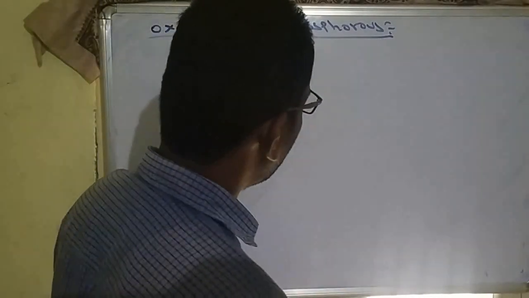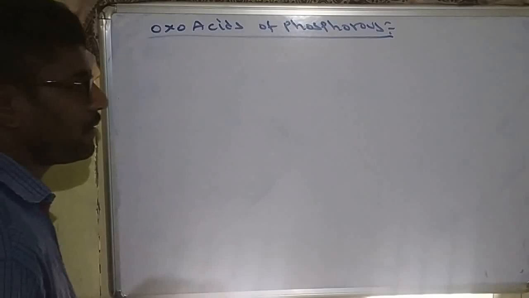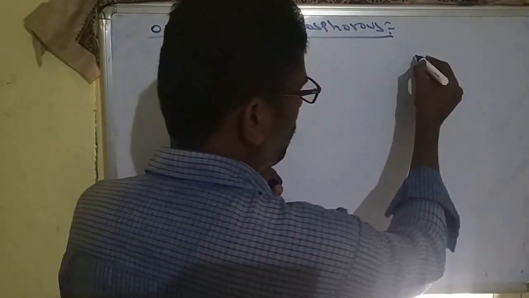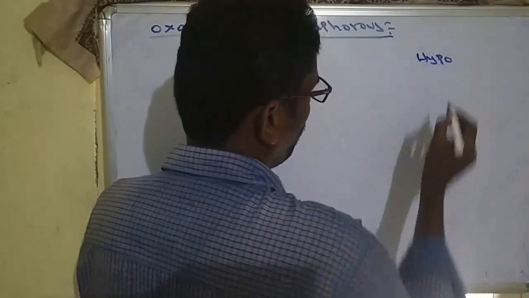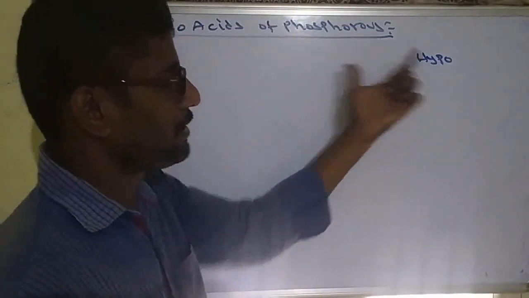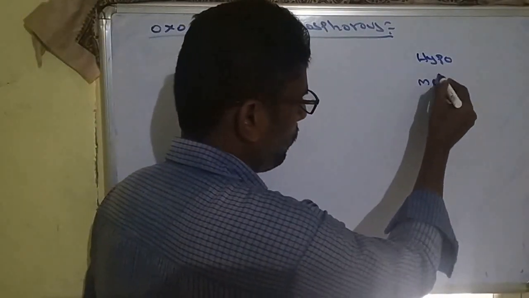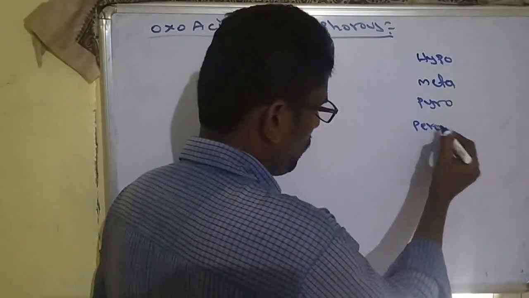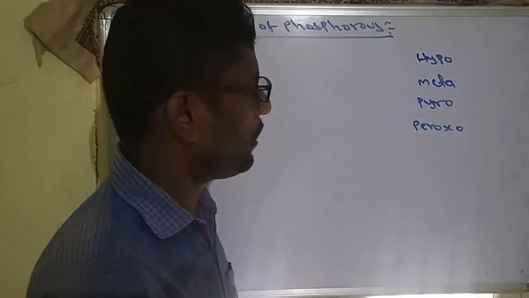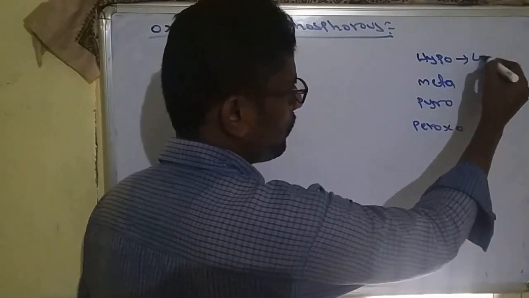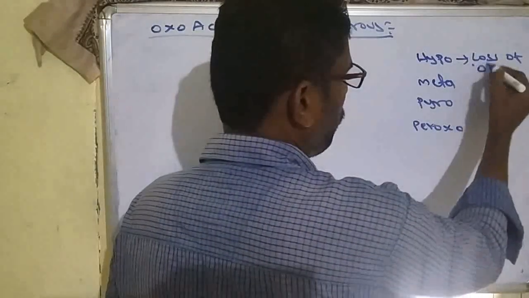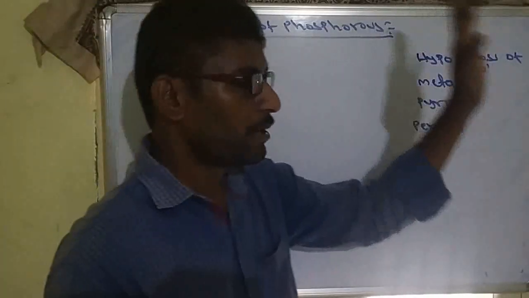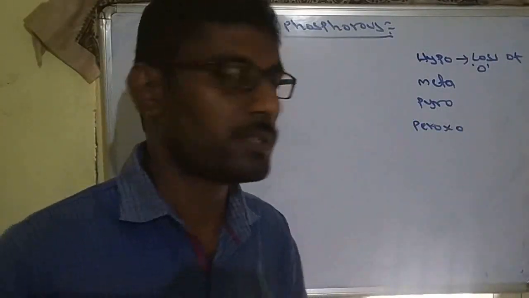Phosphorus exhibits mainly two types of oxo acids. Before oxo acids, I will give some definitions. Sometimes you have to learn what is meant by hypo, meta, pyro, peroxo. This is important. Hypo means loss of oxygen. Remember, wherever hypo is coming, it means loss of oxygen, so we have to remove oxygen.